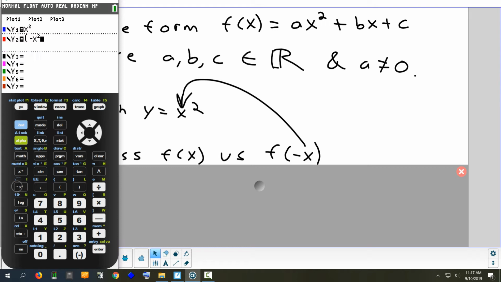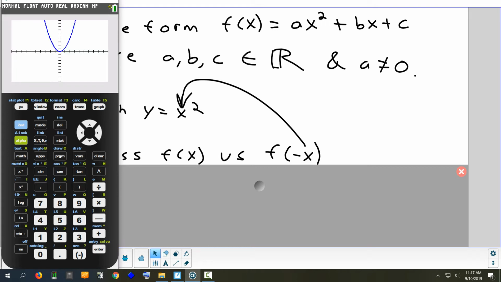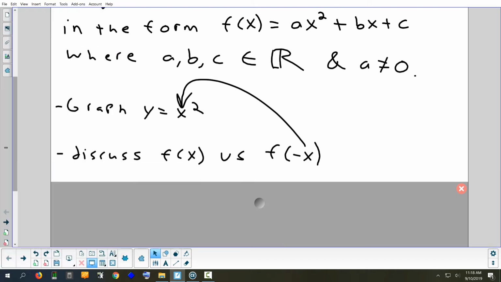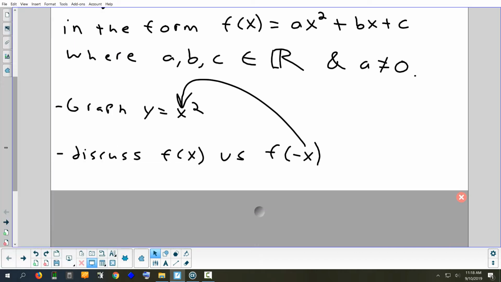Negative x squared. So the negative caused, how would you describe what happened? It flipped. Some people said reflection. Reflection or flip, over the x-axis.